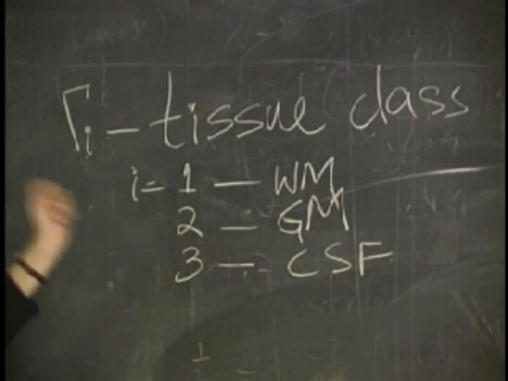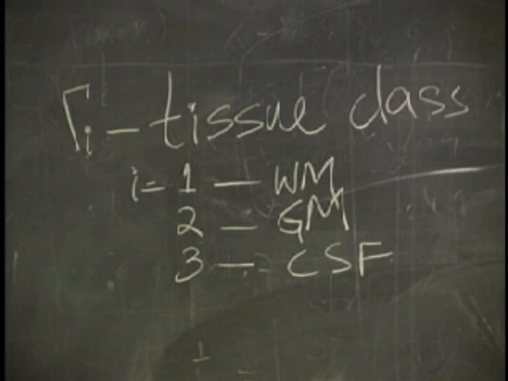And P of gamma I given x is the posterior probability that, if the tissue intensity is x, the class is gamma I. Making sense? That's the posterior probability, just as the probability of A given B is the posterior probability that event A has occurred, given that you know that B has occurred.